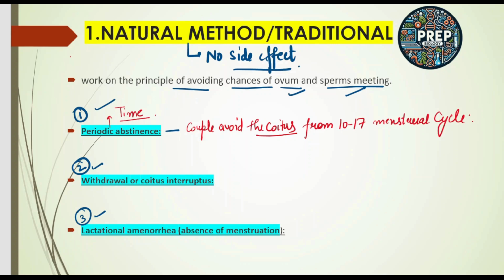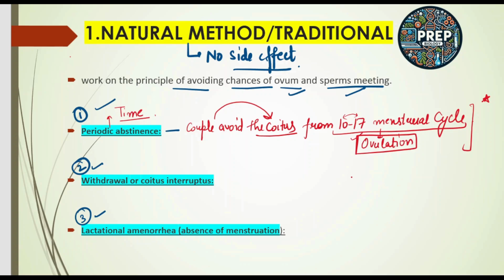We know that in the menstrual cycle, the period between day 10 to 17 is called the ovulatory period, in which ovulation takes place and the chances of ovum release are maximum. So in periodic abstinence the couple avoids intercourse from day 10 to 17 of the menstrual cycle. Why?